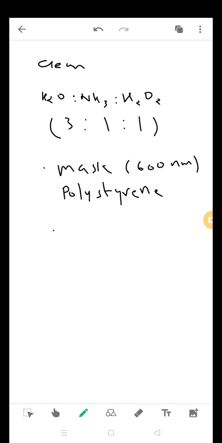Now, controlled drying of the system takes place.